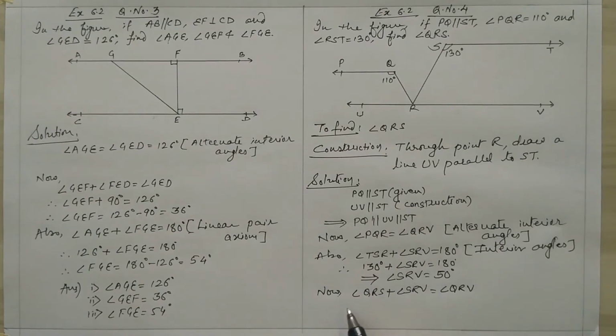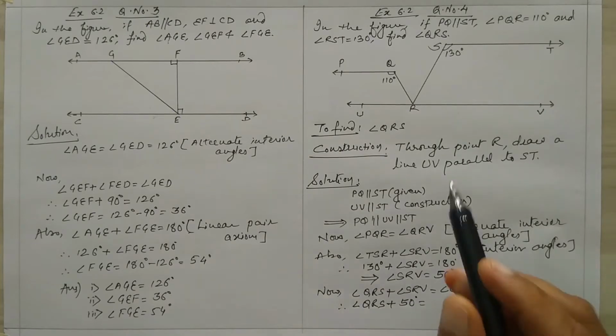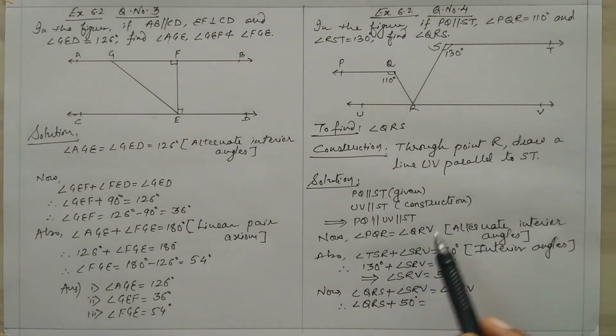So therefore angle QRS plus SRV is angle QRV. And what is QRV? Angle QRV is equal to PQR, which is 130 degrees, and therefore angle QRS is 130 degrees minus 50 degrees. So that is 80 degrees.